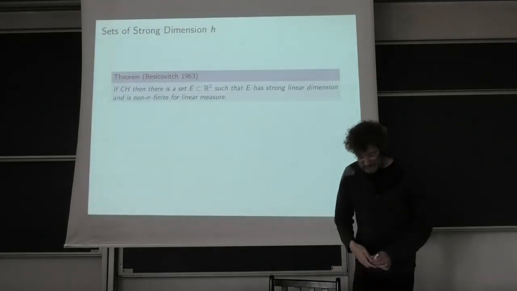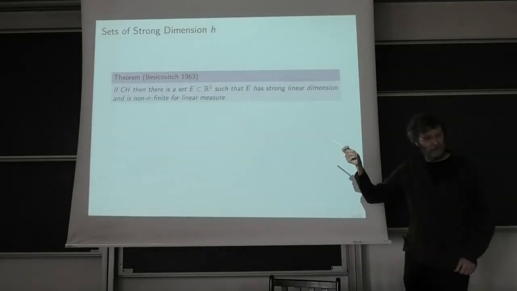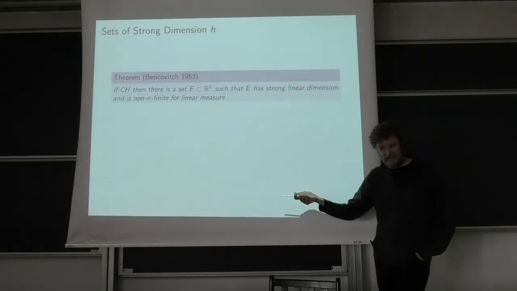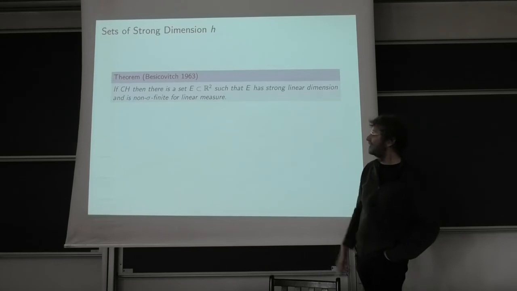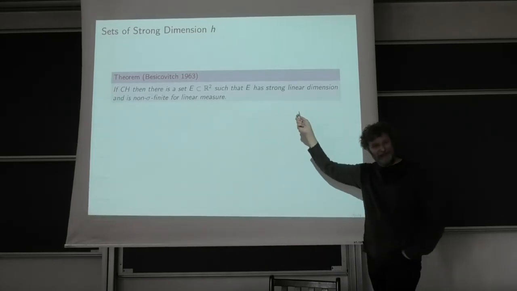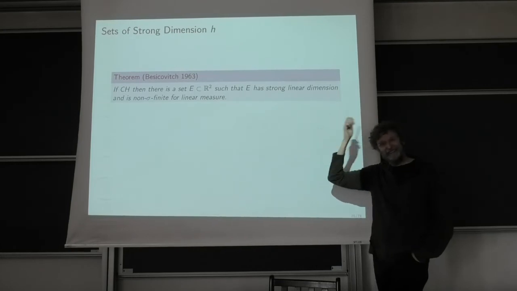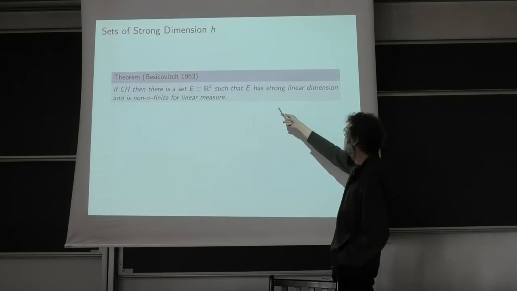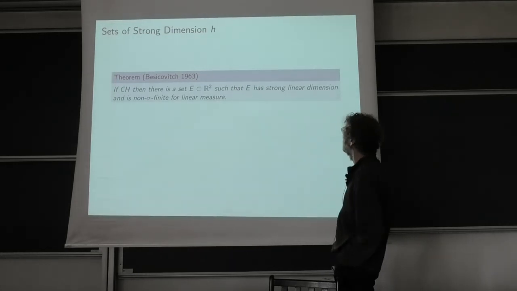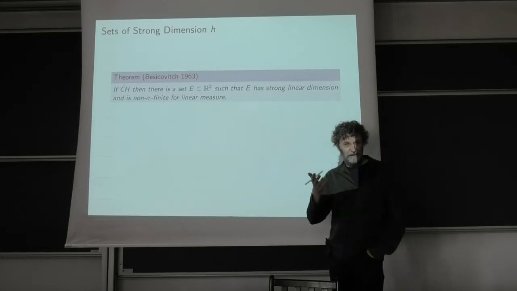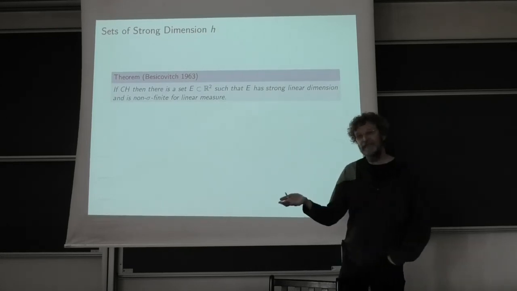Okay, so that was only, after the Davies theorem, for analytic sets. So Besicovitch, in 63, gave an example. This is an interesting paper, right? He gave an example of a set, which is a subset of the plane, that has strong linear dimension. It means its strong dimension is given by the gauge function t goes to t.